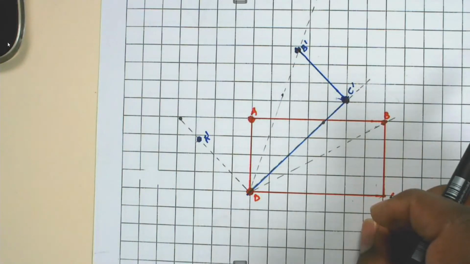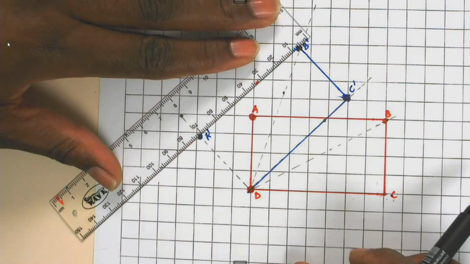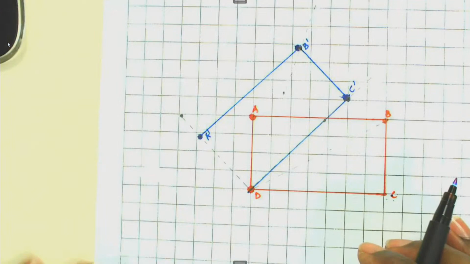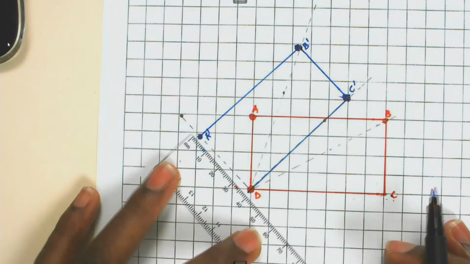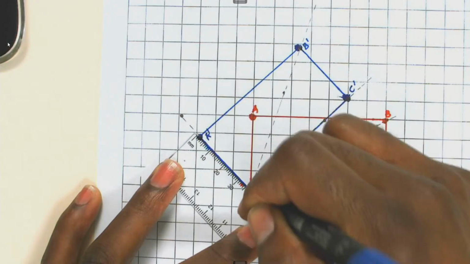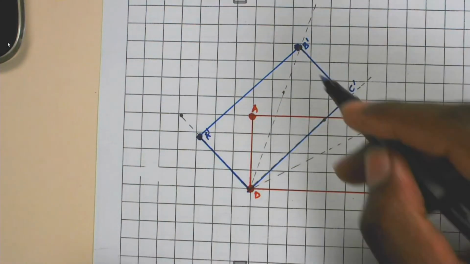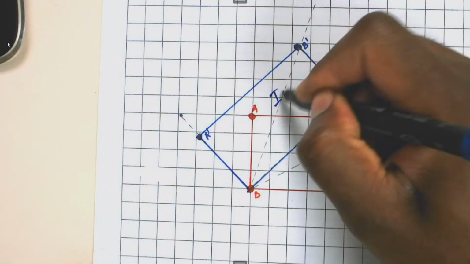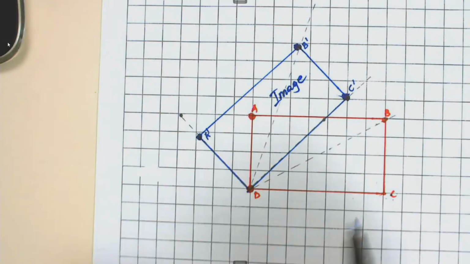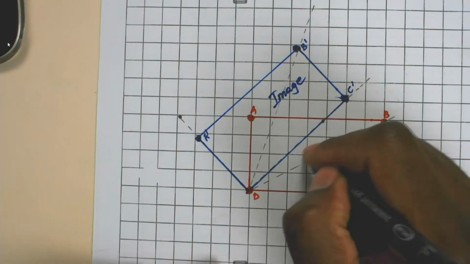Then point A was connected to point B. There we are. Then point A was connected to point D. There we are. Now, this blue one is our image after rotation. This red one was the original shape.